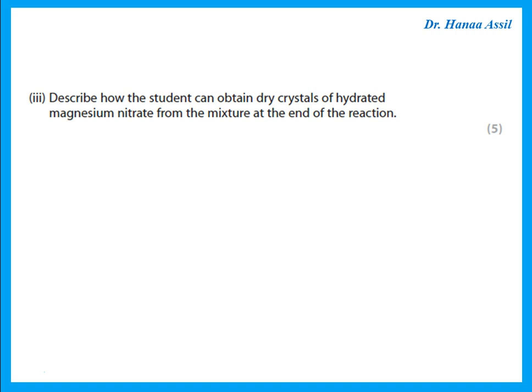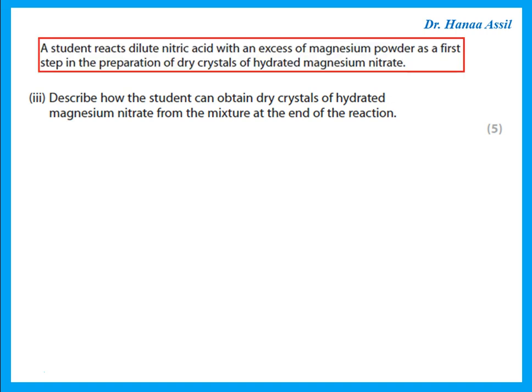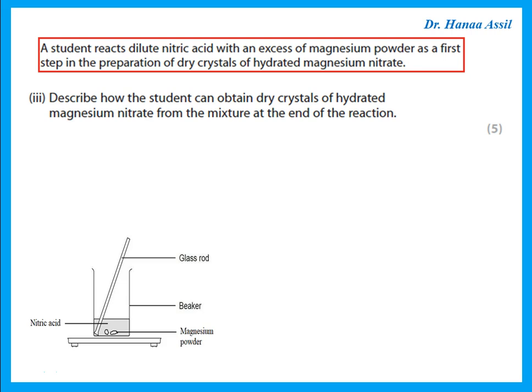Describe how the student can obtain dry crystals of hydrated magnesium nitrate from the mixture. So he's starting with dilute nitric acid and the excess magnesium powder. Now, he already put that into a beaker. What should he do next in order to get dry crystals of hydrated magnesium nitrate?